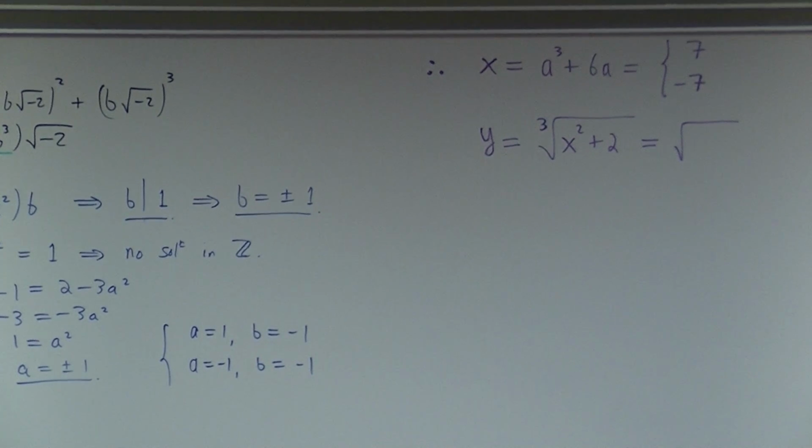Where did you get x equals a cubed plus 6a? I think it should be minus. A cubed minus 6ab, or 6a. Well, b was minus 1, right? Oh, okay. And when you factored out a plus b root of minus 2 cubed, I think you forgot a b squared.